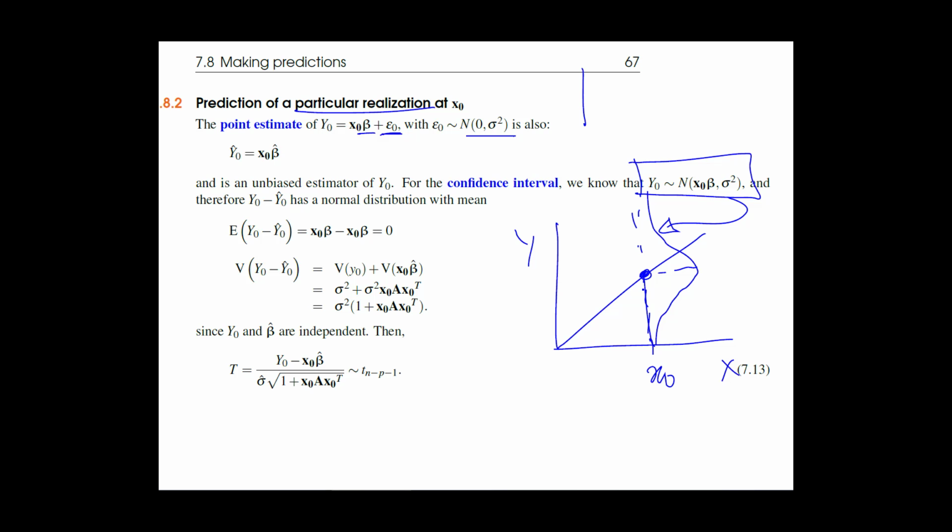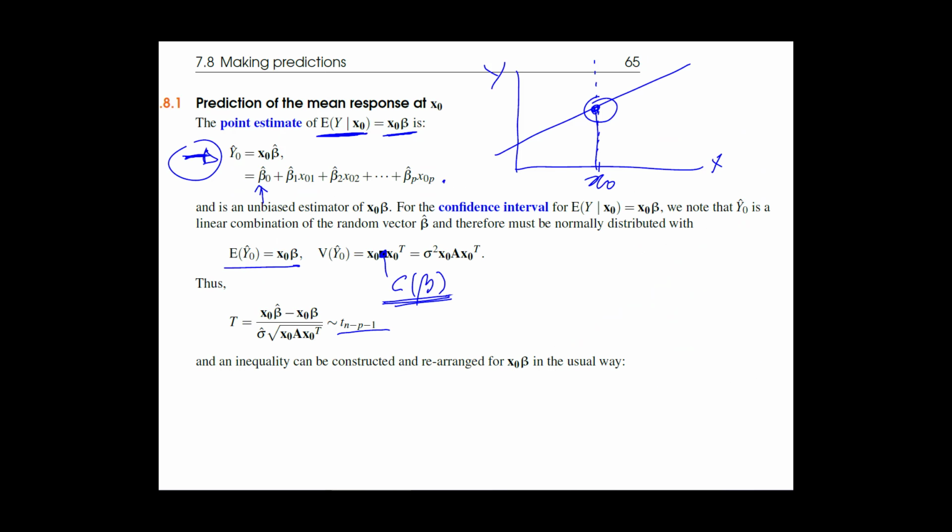We're going to note that the particular value minus the line is normally distributed with 0 mean, because both have the same expected value. Y naught has this expected value and Y naught hat, we saw it before, has the same expected value.